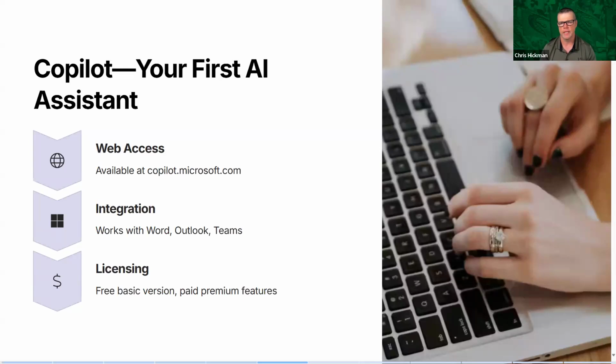If you access Copilot through the browser, that's available to all of us at UAB. And the paid premium option is the version that's integrated in with the Microsoft Suite, Word, Excel, PowerPoint, and so forth. But everyone can get started with the essentials straight away. With Copilot, you can draft documents and summarize content or brainstorm ideas without having to learn any new software.